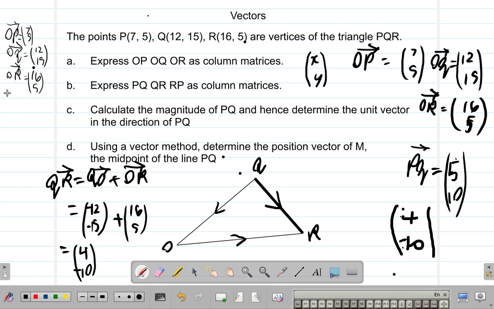Then we know that PQ is 5, 10. We know that QR is 4, negative 10.